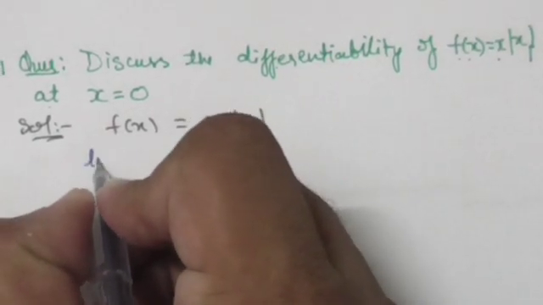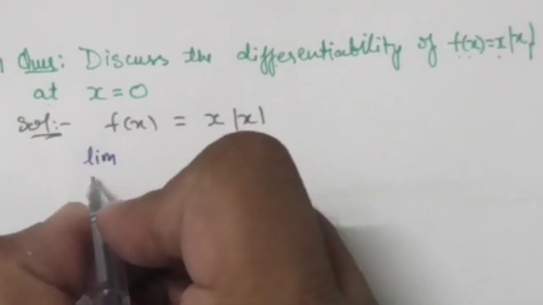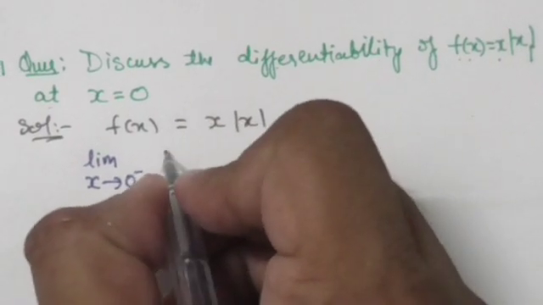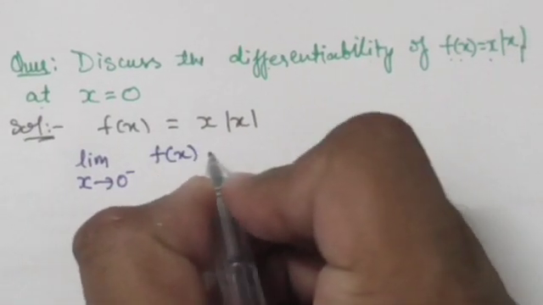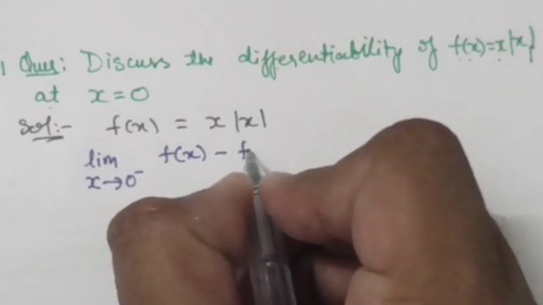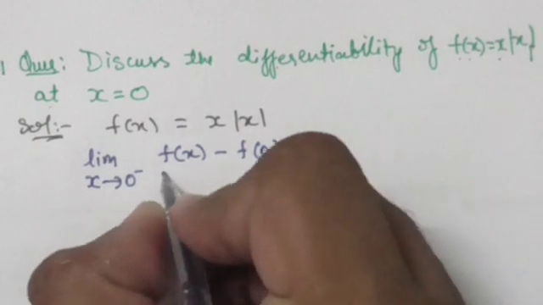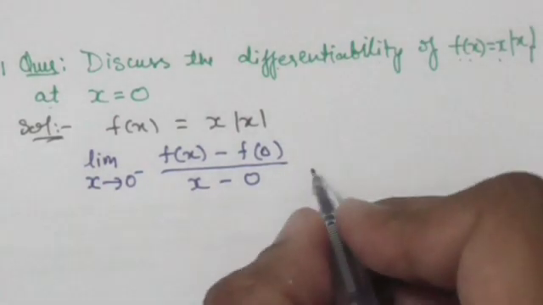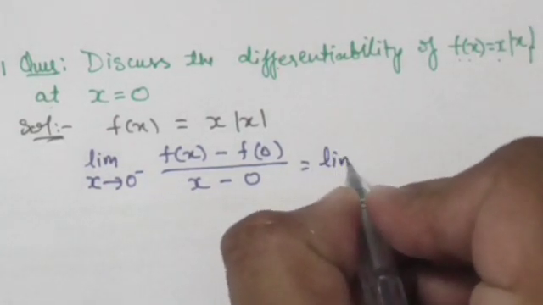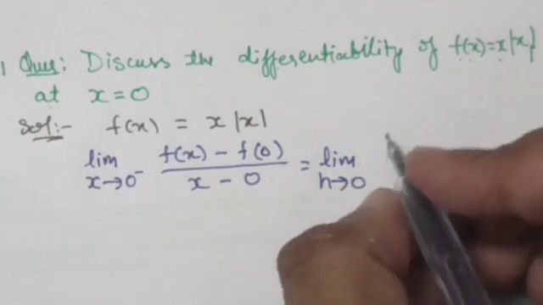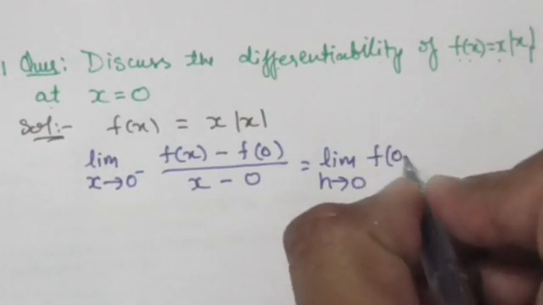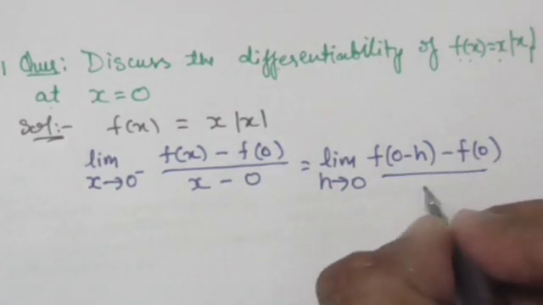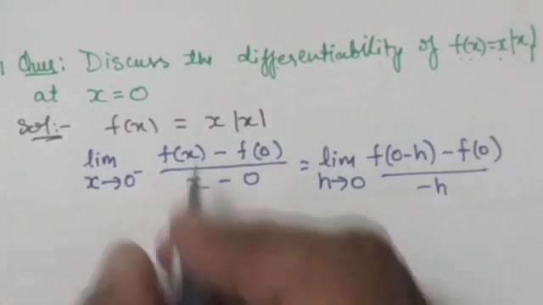Its left hand derivative is limit x tends to 0 minus, f(x) minus f(0) upon x minus 0, and it is equal to limit h tends to 0, f(0 minus h) minus f(0) upon minus h.